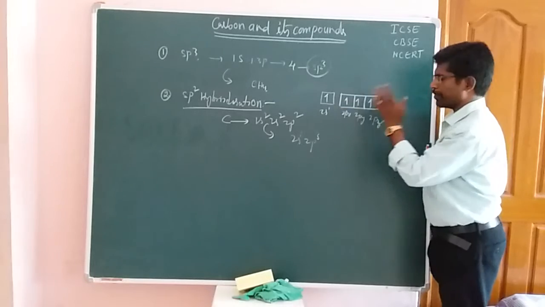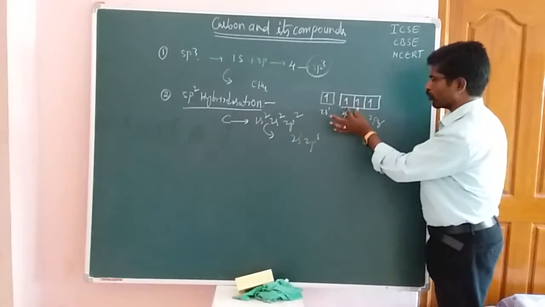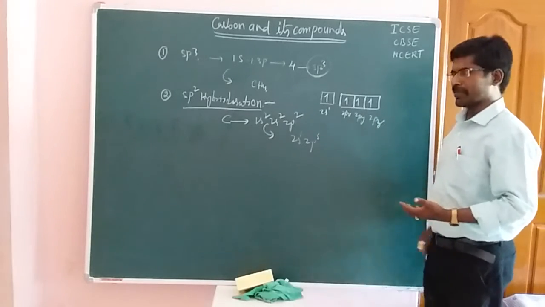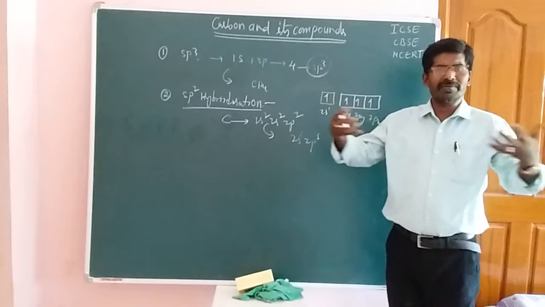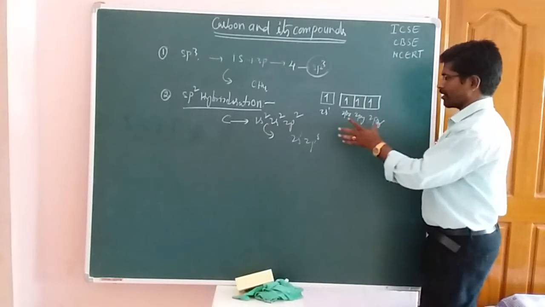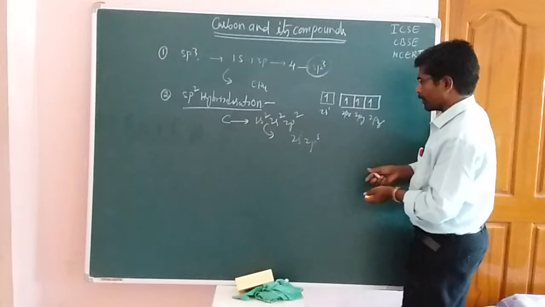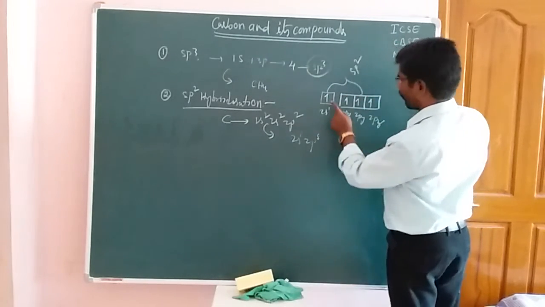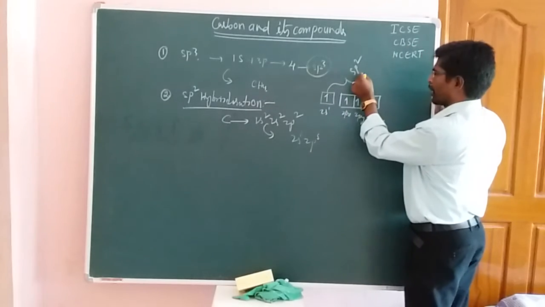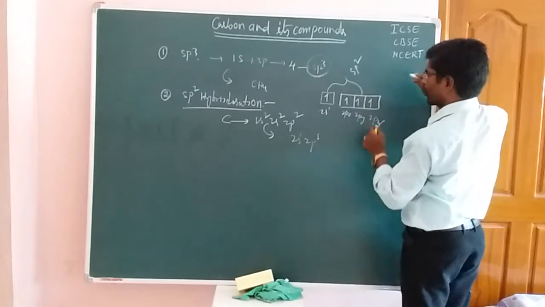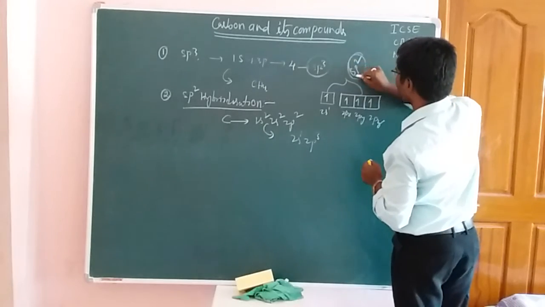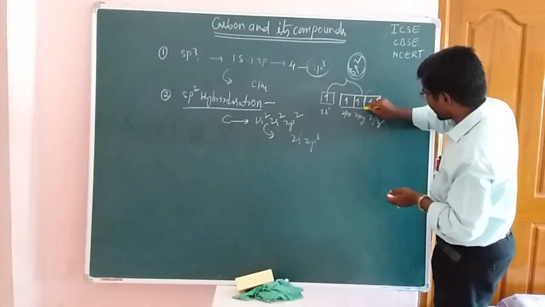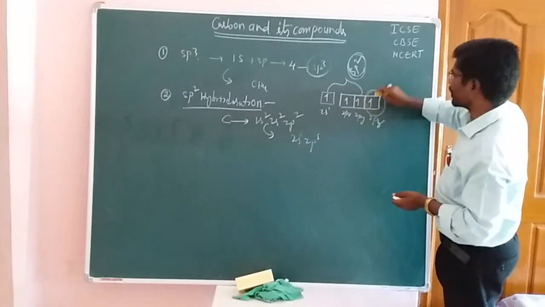In sp2 hybridization, one unpaired s orbital and three unpaired p orbitals are present. Out of the three unpaired p orbitals, only two p orbitals intermix with axial overlapping, that means end-on, direct overlapping. So one s orbital and two p orbitals give rise to three sp2 hybridized orbitals. But the pz orbital is not involved in this hybridization.